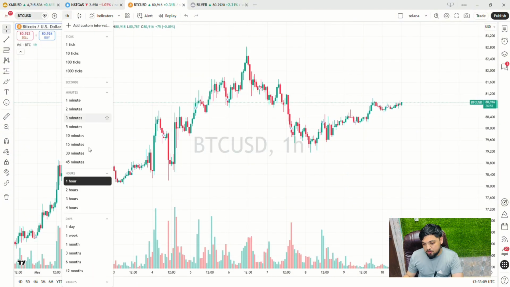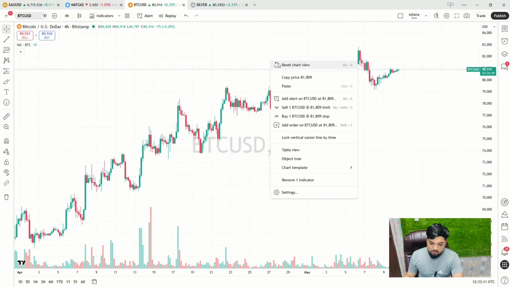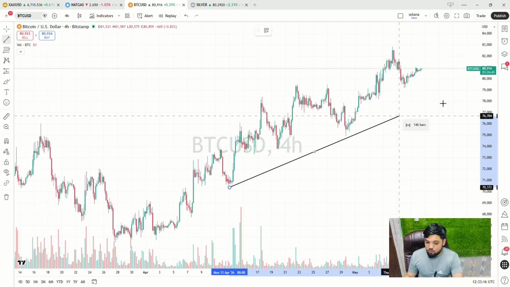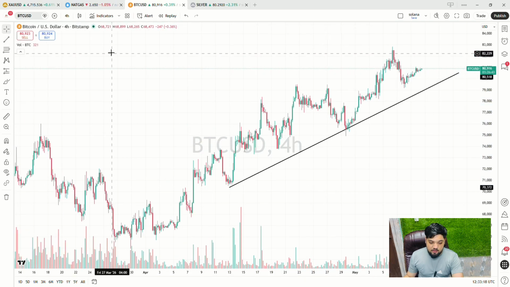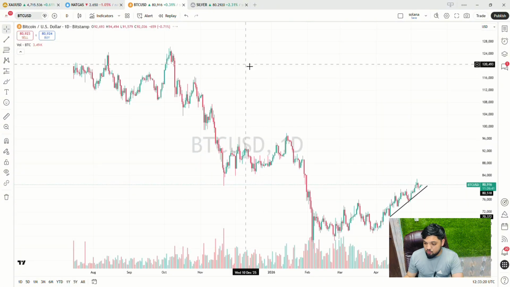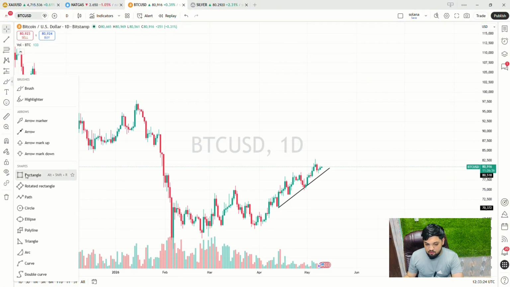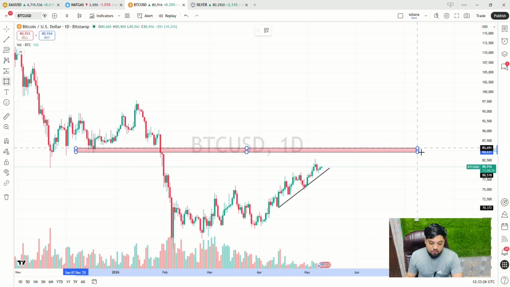Bitcoin is recovering but very slowly. If you draw a trend line from lower area to lower area, it will show that the market is in the bullish direction. You have to take the bullish direction towards this level. The market will be in strong bullish momentum towards 85,000.